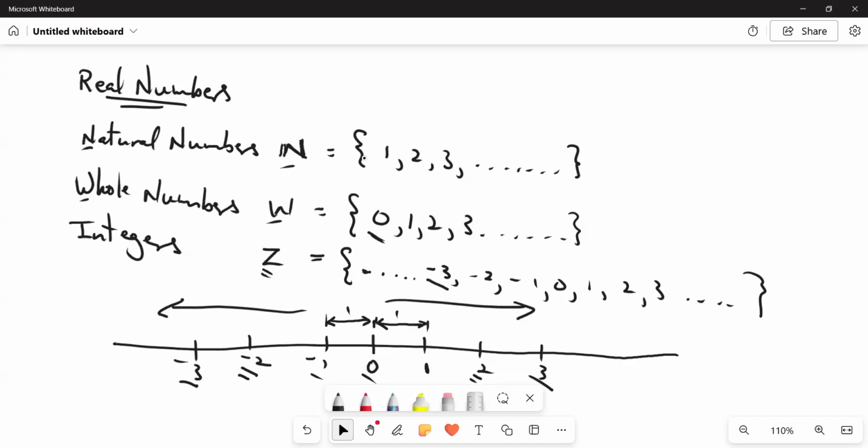So when I say the integers include both negative and positive numbers that are of whole number magnitude, like 1.5 wouldn't work. The magnitude of 1.5 is 1 and a half, and that's not a whole number. It doesn't have a whole number magnitude, so it's not an integer.